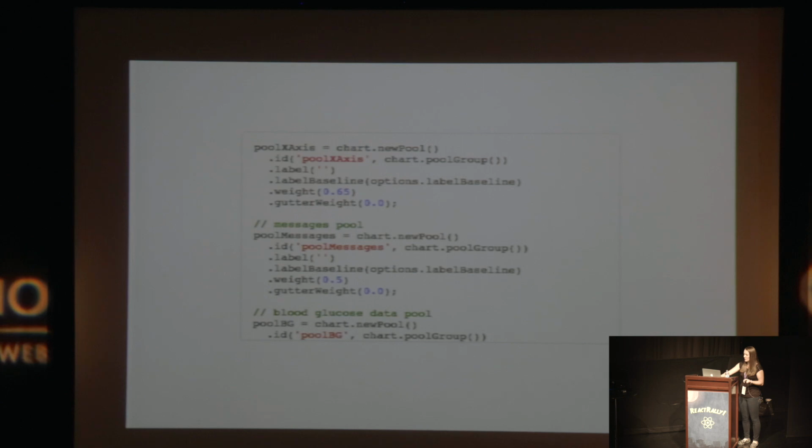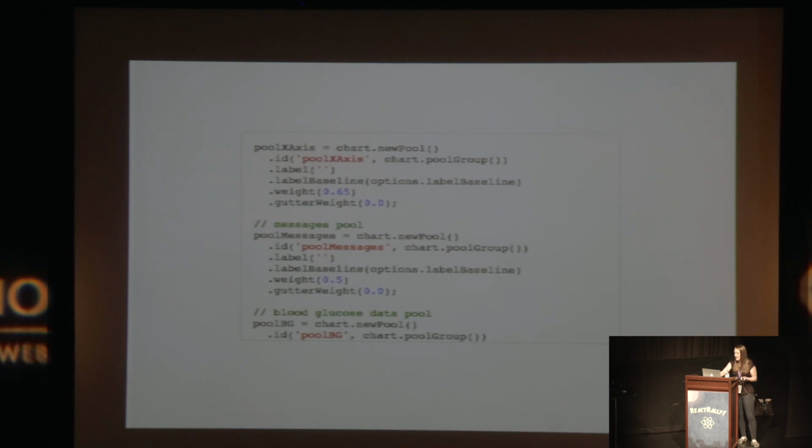There's a whole bunch of steps here. We call each horizontal section of that timeline a pool. First I'm creating a bunch of new pools, and I have to pass in a bunch of information like the label, and the weight, which is the vertical height weight, how much of a gutter it gets, all this kind of stuff.